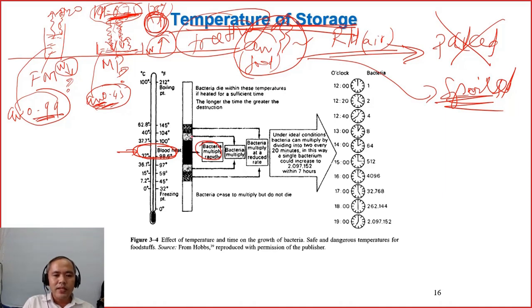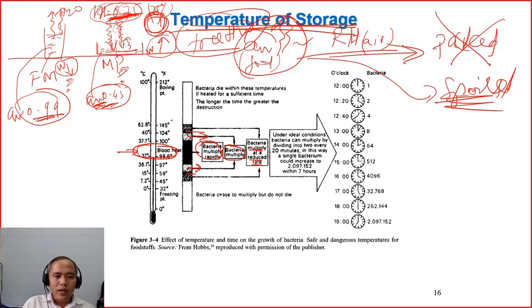If the temperature is a bit higher or lower than the optimal range, then bacteria will multiply but not as fast. If the temperature is further above or below the optimal range, then the bacteria multiply slowly, at a reduced rate.